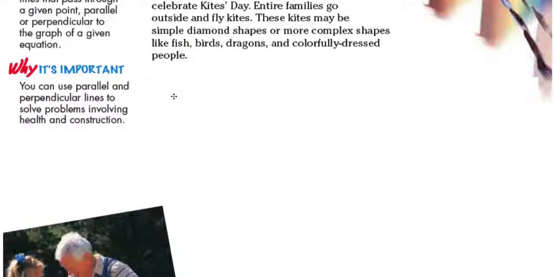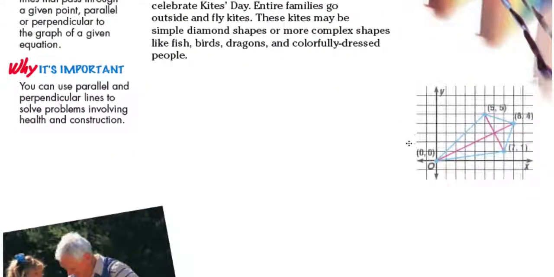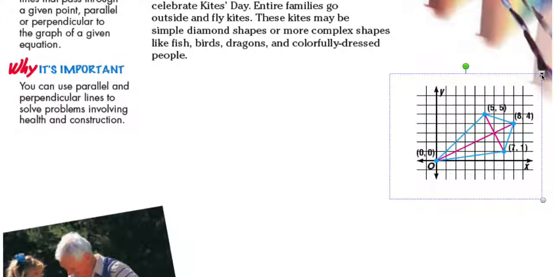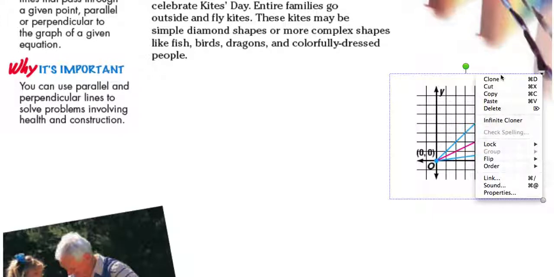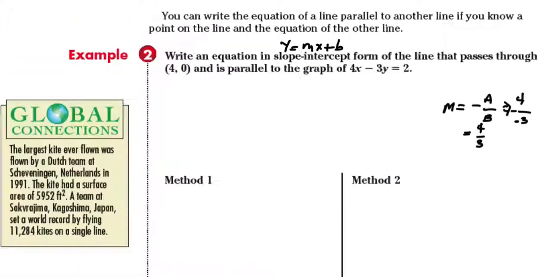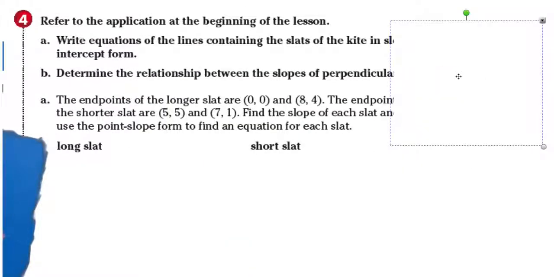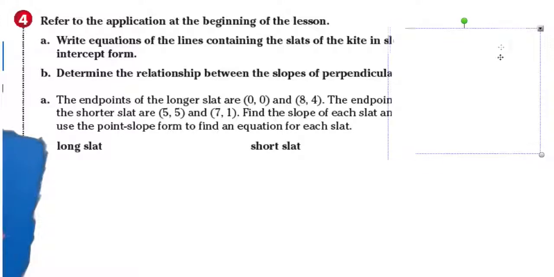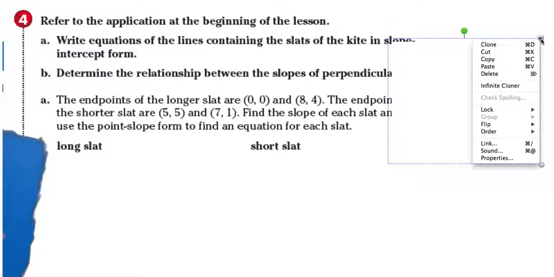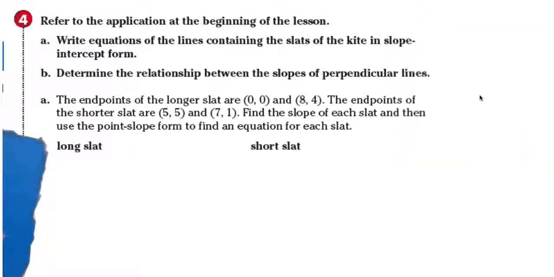Okay. There you go. Okay. And you know what? I'll copy this. Okay, copy, and I will place it where our problem is on example 4. So right here. Oopsie. Oh, that didn't work. Okay. Let's try that again.